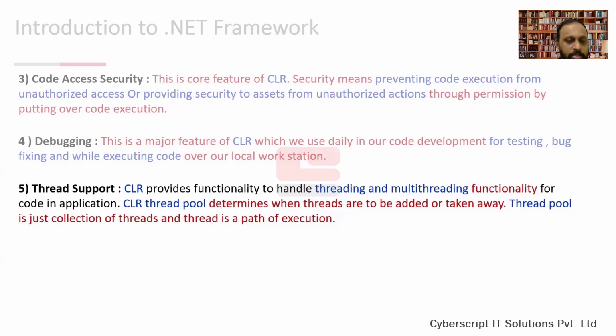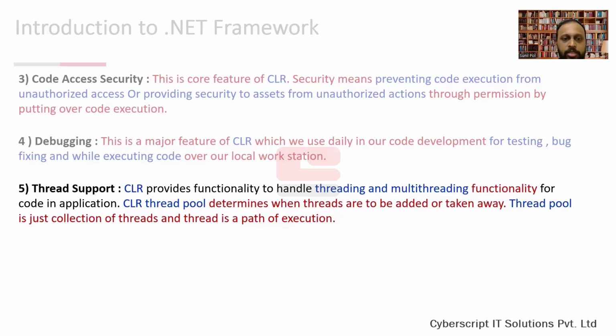The next task is thread support. As we are aware, many programming languages support multi-threading. So thread support is also done by CLR. The CLR provides functionality to handle threading and multi-threading for code in an application. The CLR thread pool determines when threads are to be added or taken away.